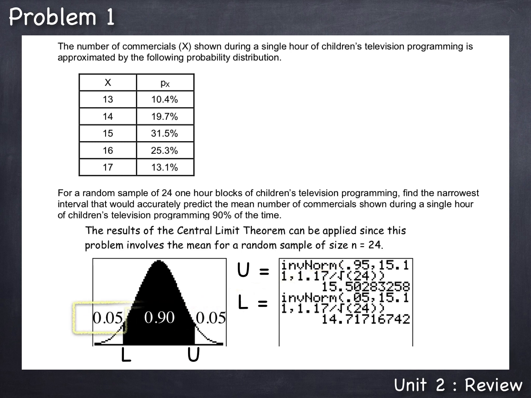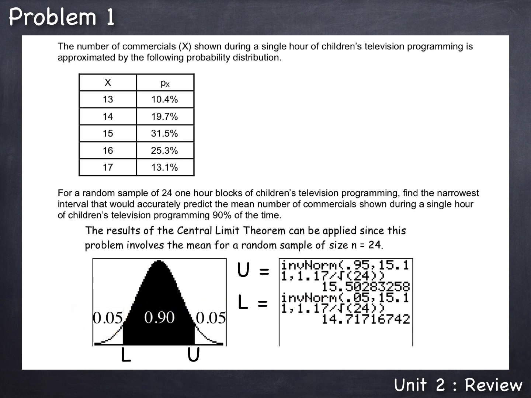Now, when doing the inverse norm command to find L, the lower value, again we enter the less than probability for that number, and the portion of the normal distribution below L is 5%, or 0.05.